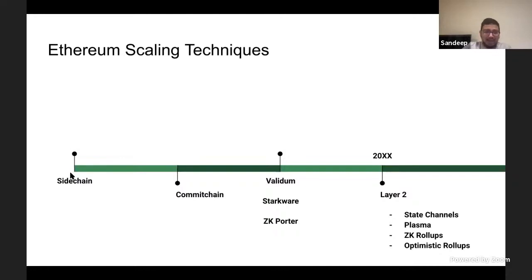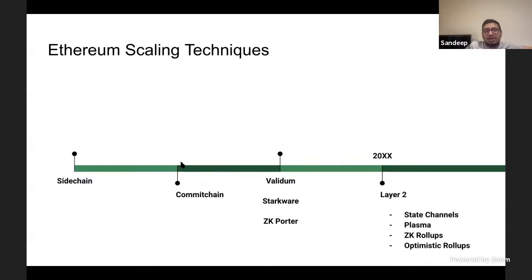Like, XDAI is a very good example. That's a completely standalone chain, but they are hosting quite a lot of Ethereum applications. People are building a lot of casual as well as some DeFi applications, and DAOs have been built on XDAI. So they are also contributing back to the Ethereum ecosystem.